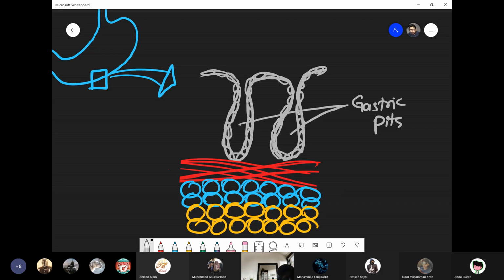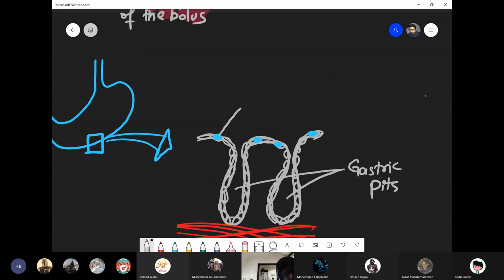Now, next thing, in these gastric pits there are special cells over here. These special cells are called the goblet cells.